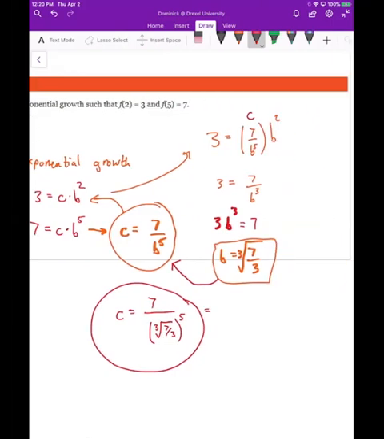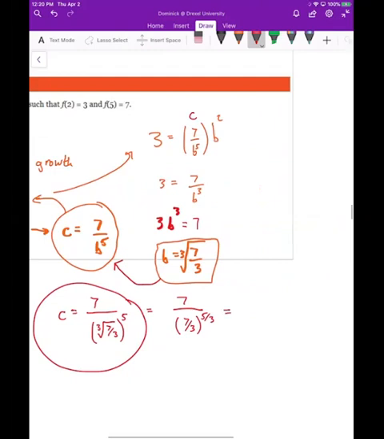We could say that this, for example, is 7 over 7 over 3 to the 5 over 3, using our exponent rules. So this is 7 over 7 to the 5/3 divided by 3 to the 5/3. And then we could divide by the fraction, so this is 7 times 3 to the 5 over 3 over 7 to the 5 over 3.